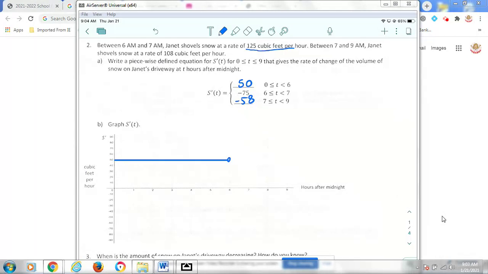So between 6 and 7, it should be a horizontal line at negative 75, and the open circle at 7. Then between 7 and 9, we should have a horizontal line at negative 58.